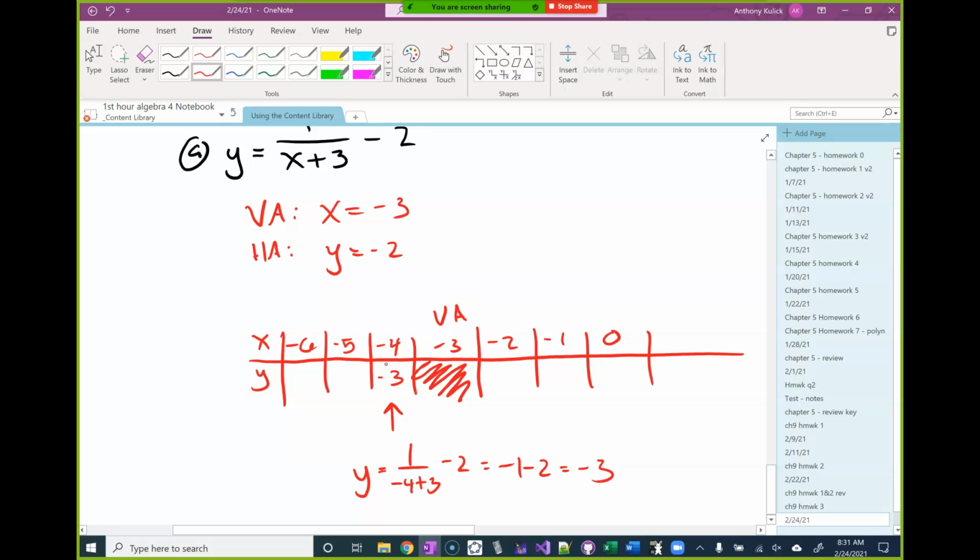If you're not good doing that kind of stuff by hand, it's always something you can do on your graphing calculator as well. In that situation, I would want to make sure that I use the fraction option.